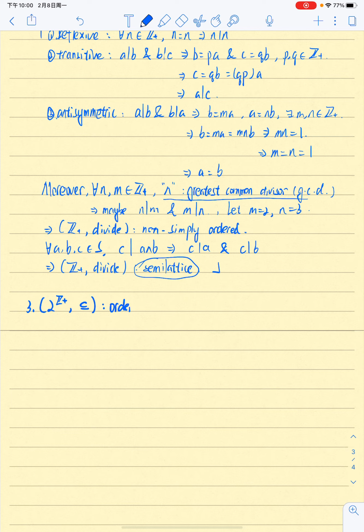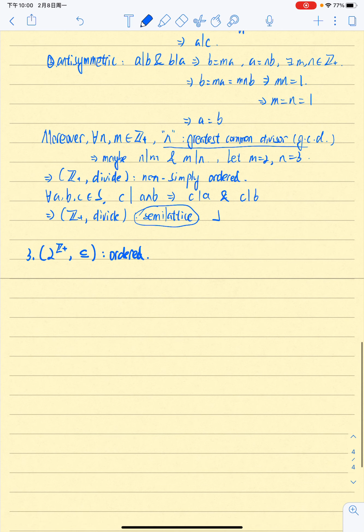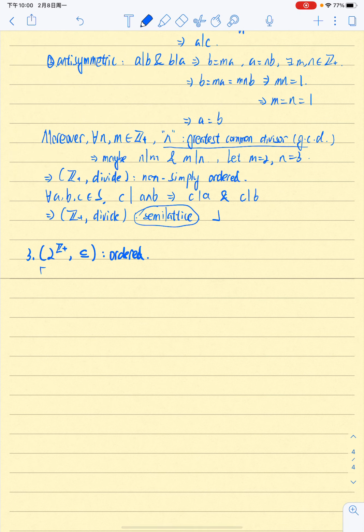Then this is an ordered set. Okay, first we should prove this is reflexive. Actually, for every set A in the collection, A is a subset of A.